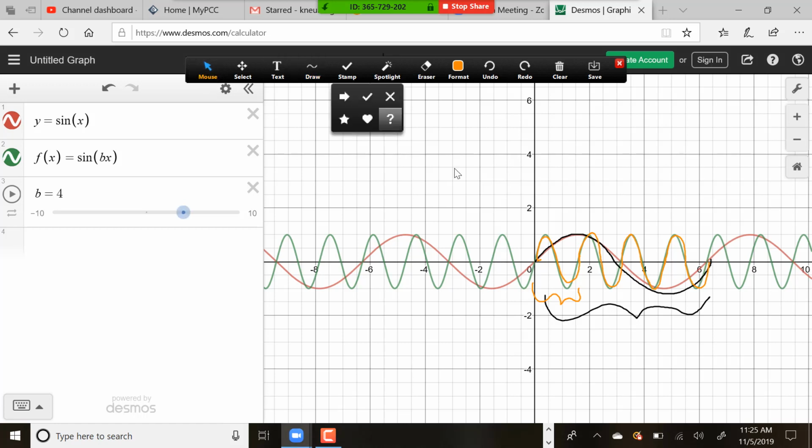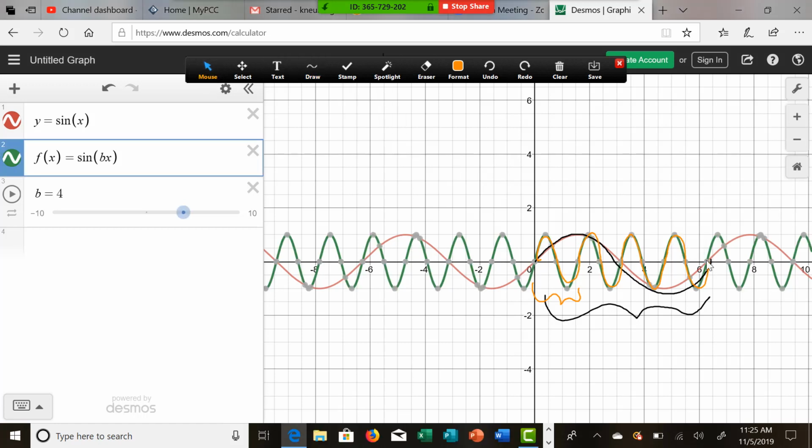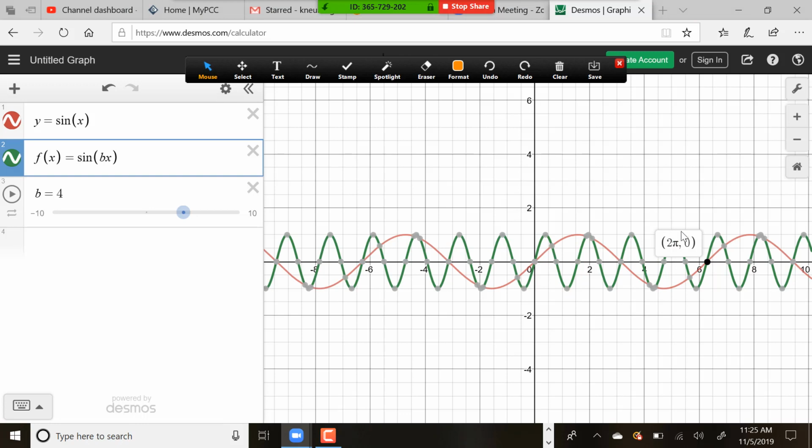Let's check this corresponding point right here, and actually let me clear my drawing so you can see the point a little better. This point here is where one wave of the red one ends. One wave of the green one ends right here. And notice that that's pi over 2. Let's check that out.